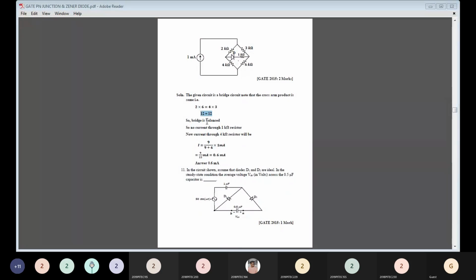So the bridge gets balanced, so there is no current through the 1 kilo ohm resistor. Now the current through the 4 kilo ohm resistor will be I equal to 9 divided by 9 plus 6, into 1 milliampere, which is equal to 9 by 15 milliampere, equal to 0.6 milliampere. So 0.6 milliampere is the correct answer.